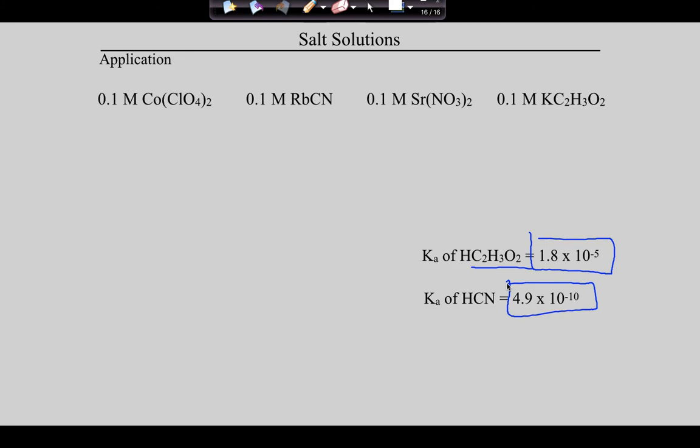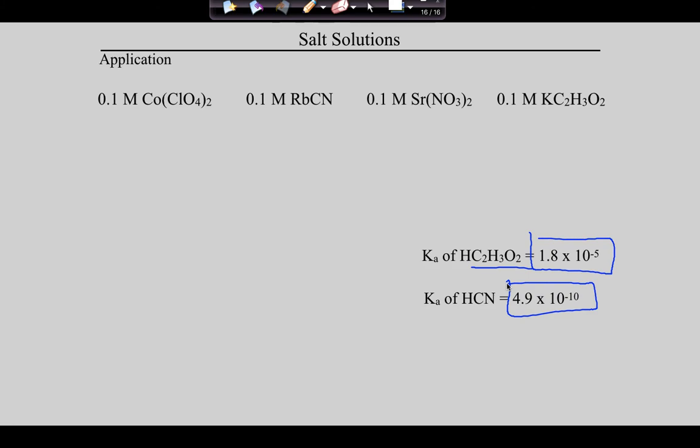If these are the Kas for the parent acids, the Kb's will be the inverses relative to 10 to the negative 14th. So which one is a stronger acid, the acetic acid or the HCN? The acetic acid is a stronger acid. Therefore, its conjugate base will be weaker. And the HCN, which is a weaker acid, will have a stronger conjugate base.